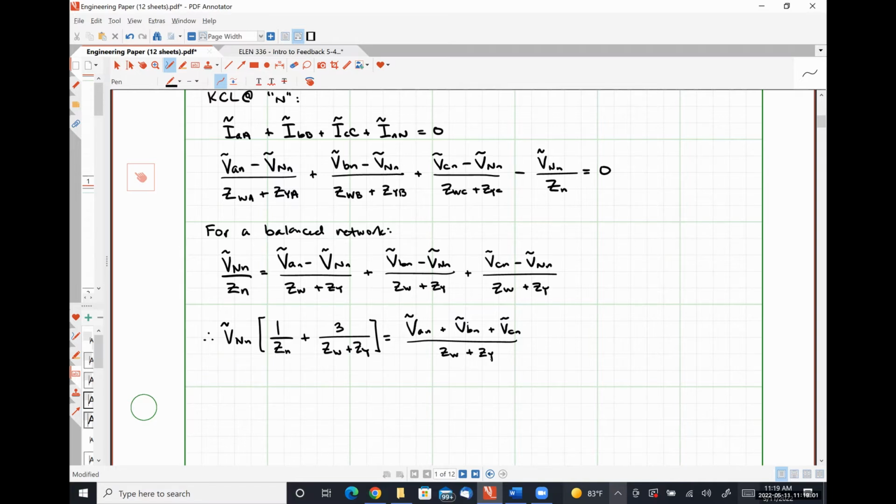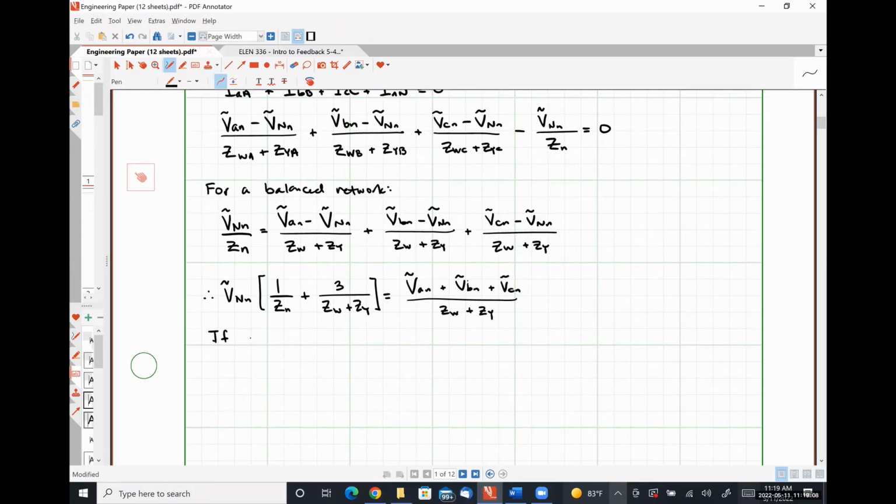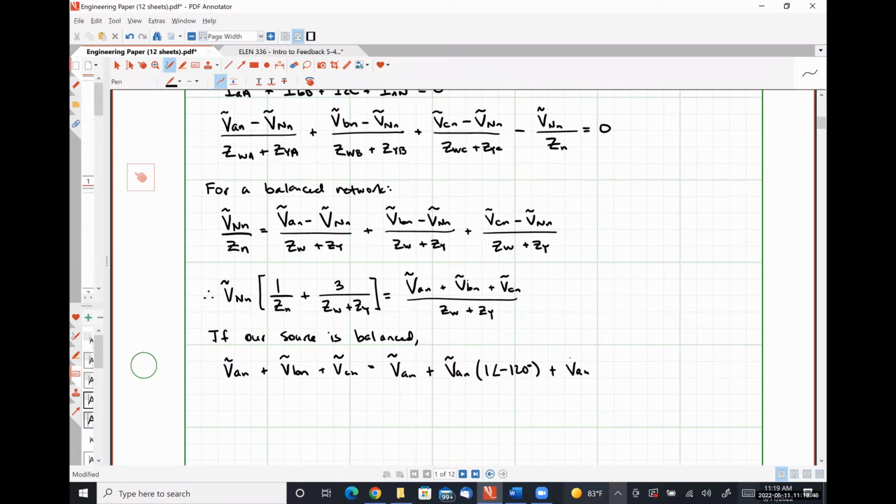If our source is balanced, VAN plus VBN plus VCN looks like VAN plus VAN times a factor of 1 angle negative 120 degrees plus VAN times a factor of 1 angle negative 240 degrees.